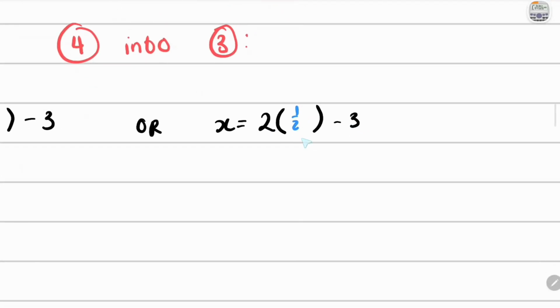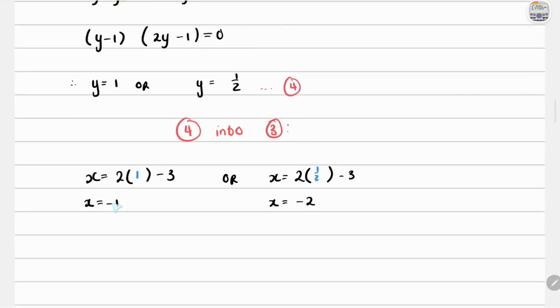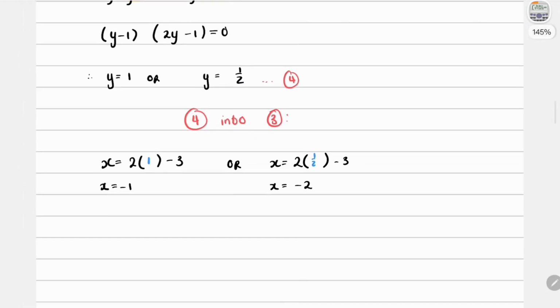Okay, 2 times a half is 1. So 1 minus 3 is negative 2. And those are our answers, okay? So x is equal to negative 1, and at the same time, y is equal to 1. Or x equals negative 2 and y equals a half. And those are our answers.